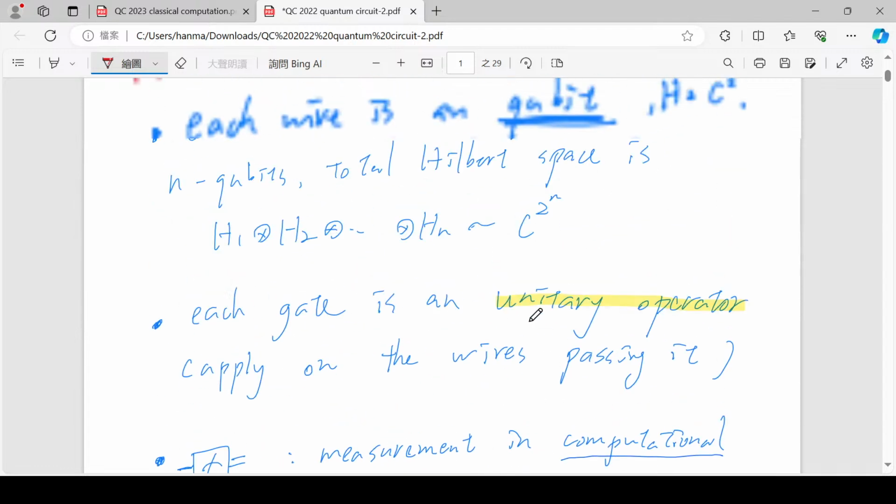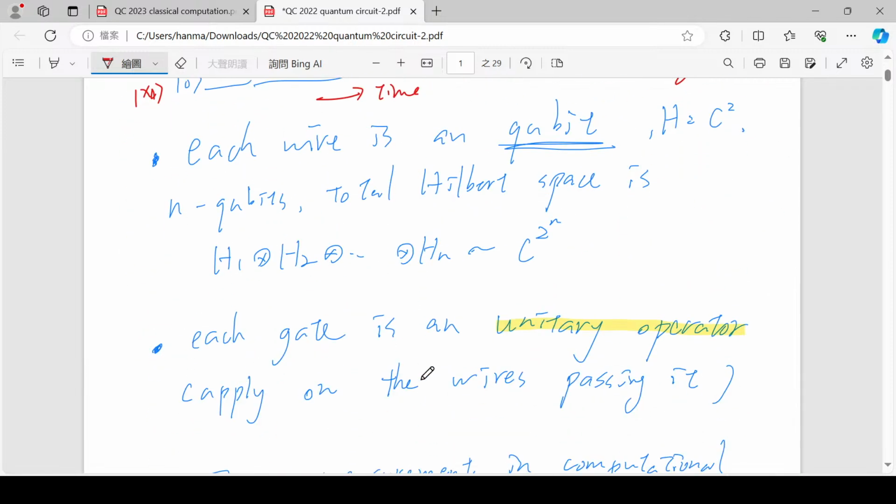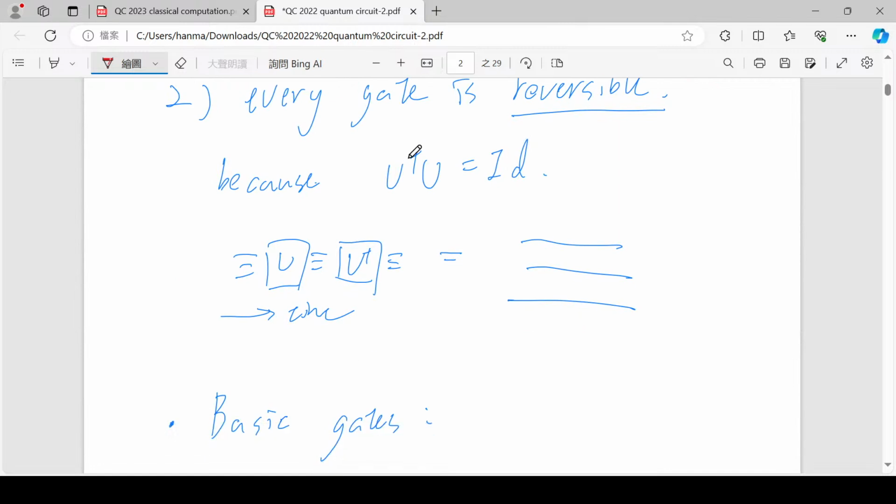Also, something we forgot to say here: just like a classical circuit, time flows this way. Here it may look a little confusing.